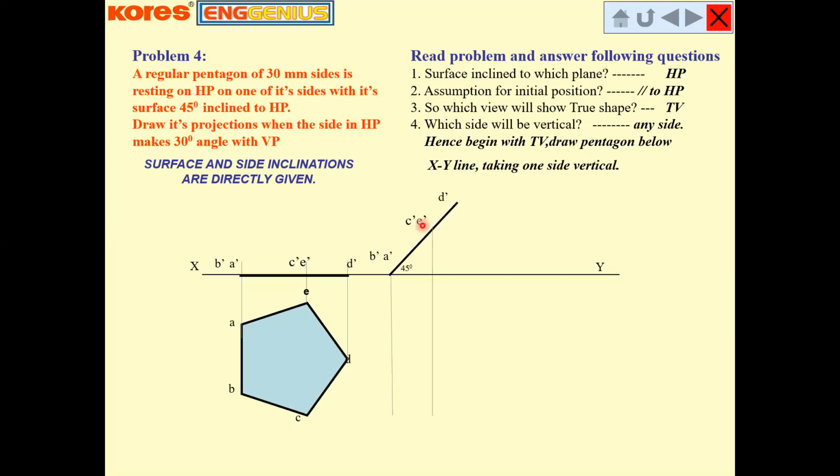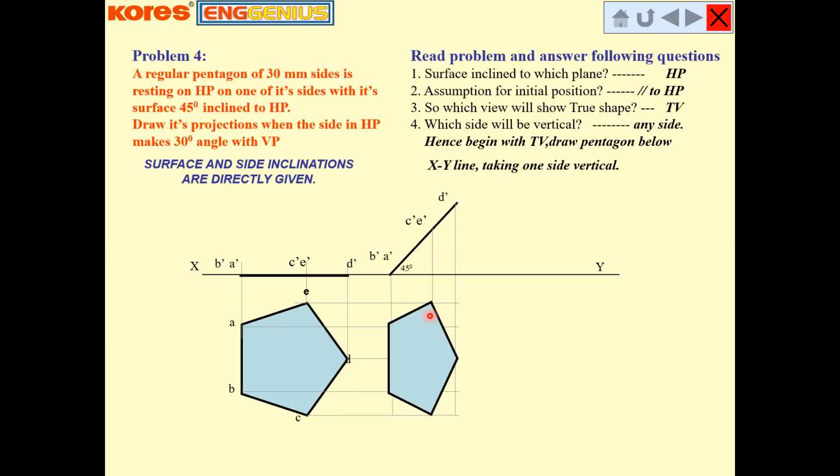After that, we need to take the vertical projection from each and every point in the downward direction, and horizontal projection from each and every point of the previous top view. Right now we are having the front view. That's why we have taken the vertical downward projection and horizontal projection from the previous top view to find out the new top view over here.